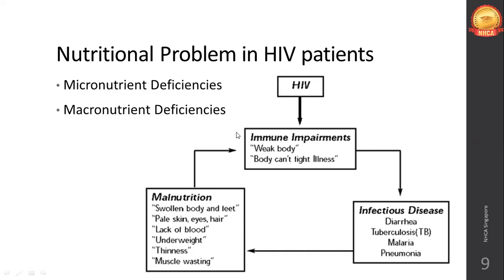That is why you see such muscle wasting in HIV cases in the later stages. So just read through these paragraphs. No need to mug up, but understand which micronutrients are important: vitamin A, iron, and zinc. In macronutrient deficiency, understand how the body cell mass is getting completely depleted and leading to weight loss.